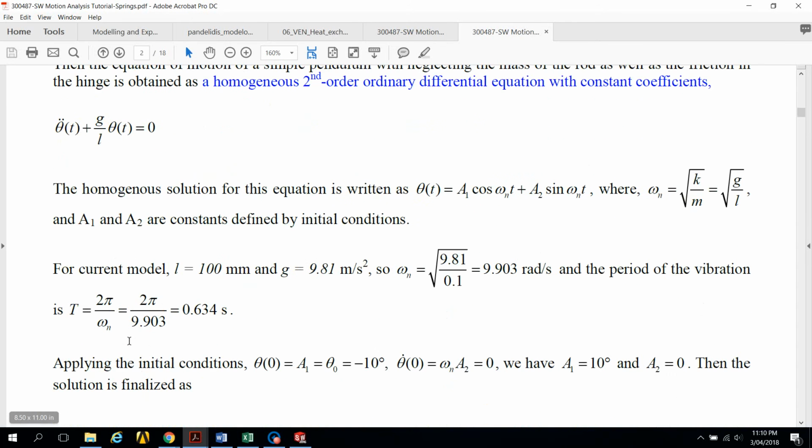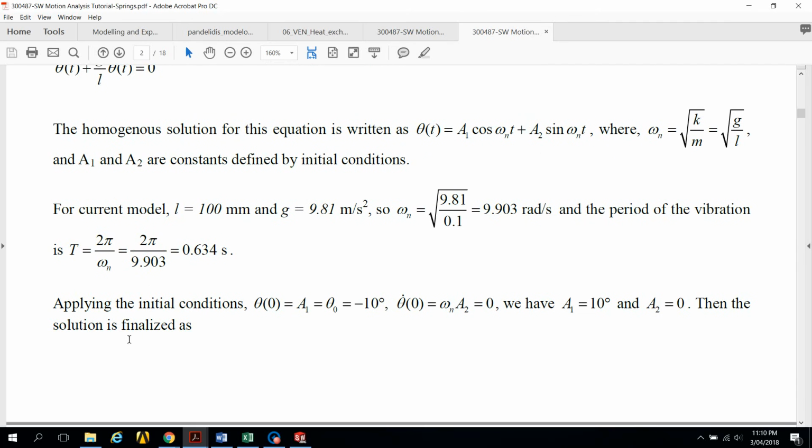The homogeneous solution for this equation is written as theta of t equal to A1 multiplied by cosine of omega n t plus A2 multiplied by sine of omega n t, where omega n is equal to the square root of k divided by m, or the square root of g divided by L. A1 and A2 are constants defined by the initial conditions of the pendulum.